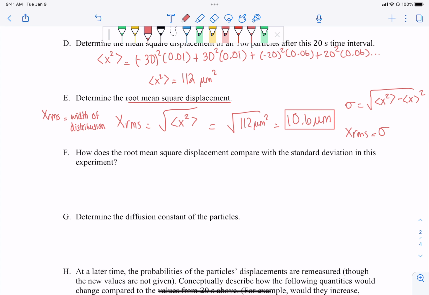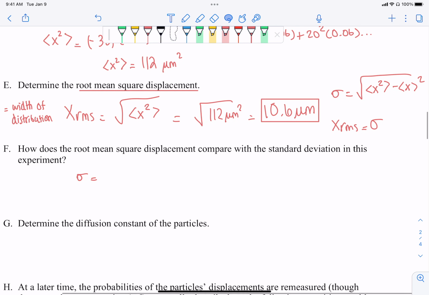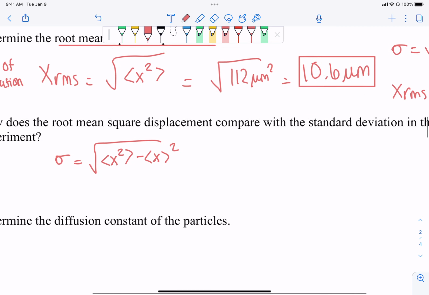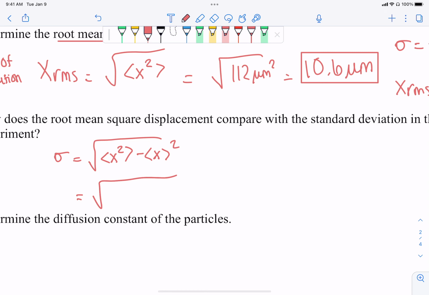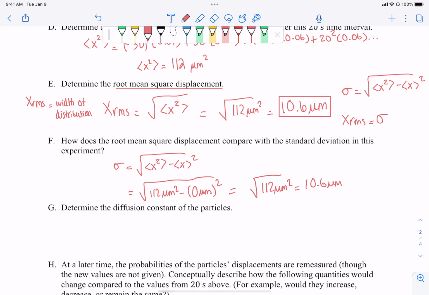So this is basically what I just said for part F. If you take your mean square displacement, that's the 112 micrometers squared, and then subtract your average final position, which is 0 micrometers, and then square that, you should get root 112 micrometers squared, which is still 10.6 micrometers. So you notice that your standard dev is equal to your XRMS.